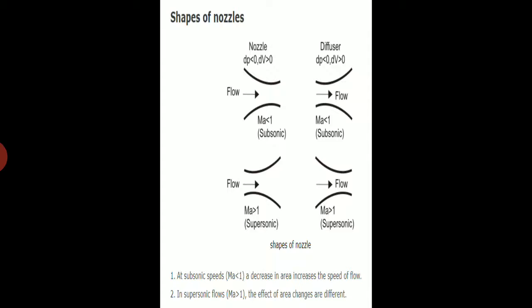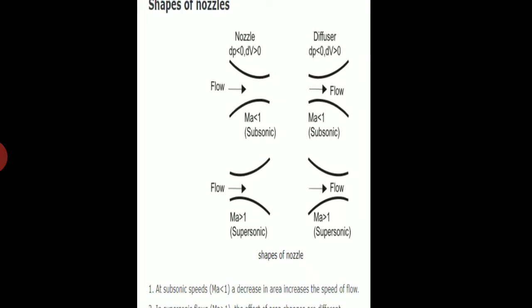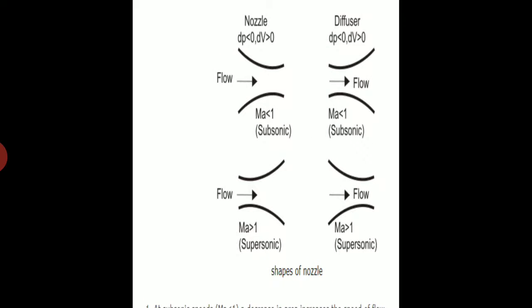So in this class we shall see how exactly the shape of the nozzle can be obtained. If you see here, the shape of the nozzle, you can see there is a nozzle and there is a diffuser. So this is the shape of the nozzle, and in the bottom shape you can see there is one more nozzle.